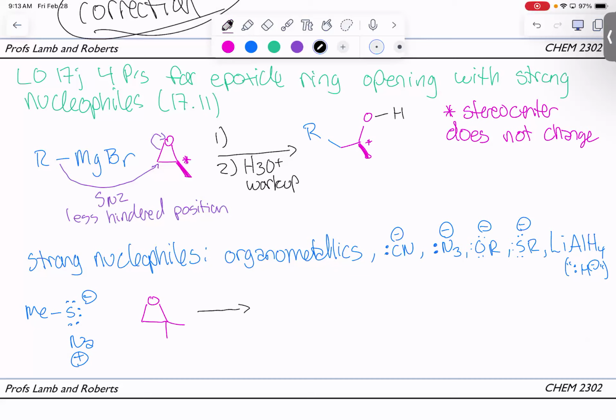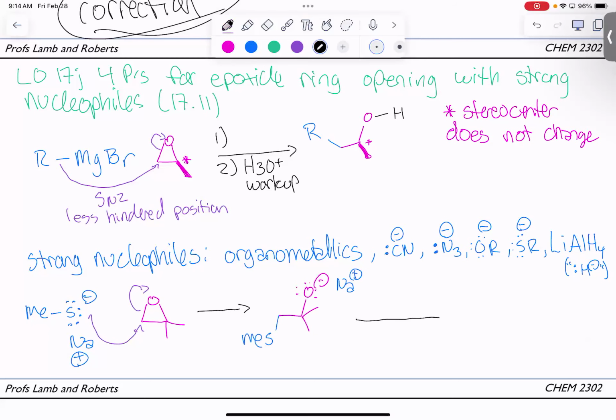So an SN2 reaction would be at play. We take our strong nucleophile, which would attack at this carbon to break a carbon-oxygen bond. Our intermediate, before I've added the H3O plus yet, is going to have a methyl sulfide now bound, with the sodium plus counter ion.